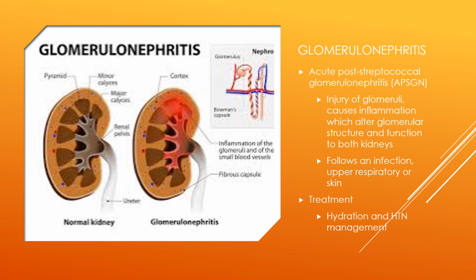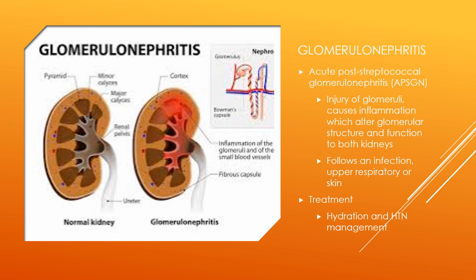This is a condition in which immune processes injure the glomeruli, which causes inflammation, which results in altered glomerular structure and function of the kidneys. It typically occurs after a respiratory or skin infection with a nephrogenic strain of group A strep. So if you can think again of our patient with group A strep, right? If we don't treat group A strep, we've already talked about several disorders that it could lead to.